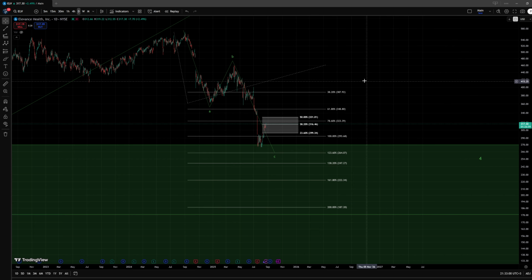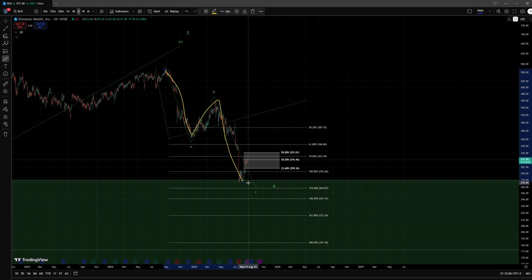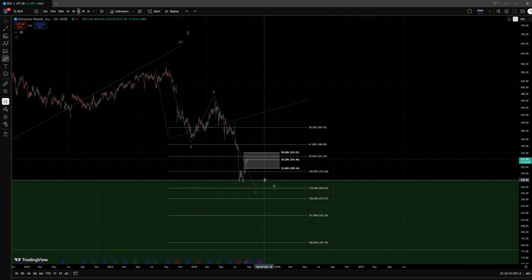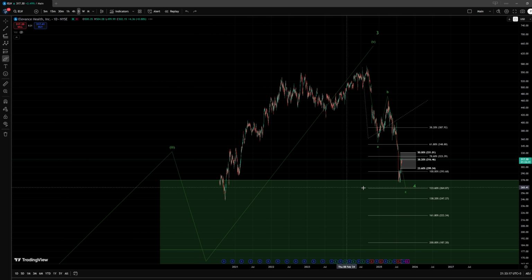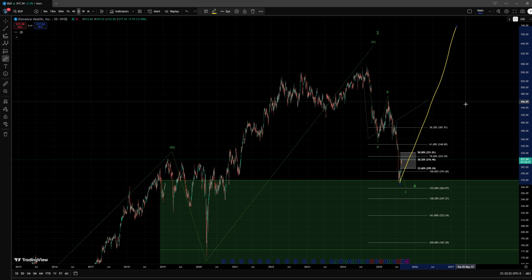There are a couple of ways I could count this movement to the downside, where this correction could be considered complete. So I do want you to be prepared, at least in mind, that we could have bottomed here. We could have made a significant low in the wave 4 and already started the movement in the fifth wave to the upside.